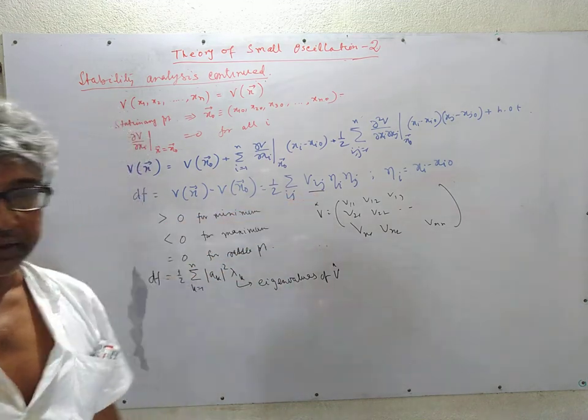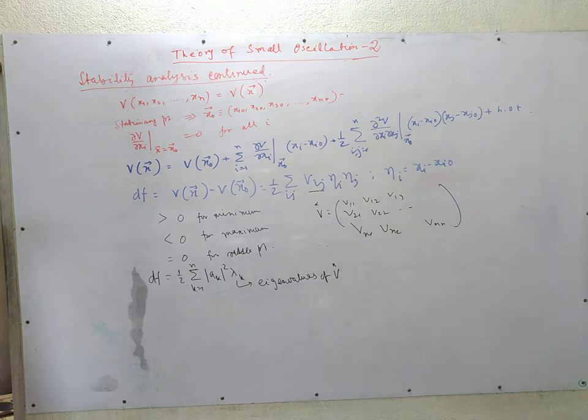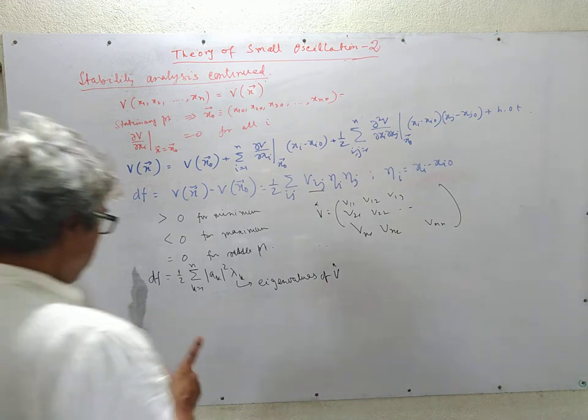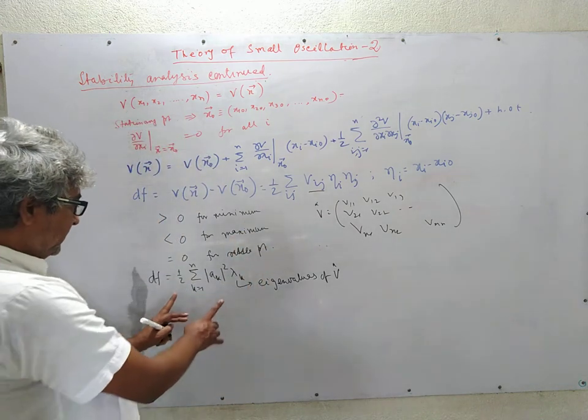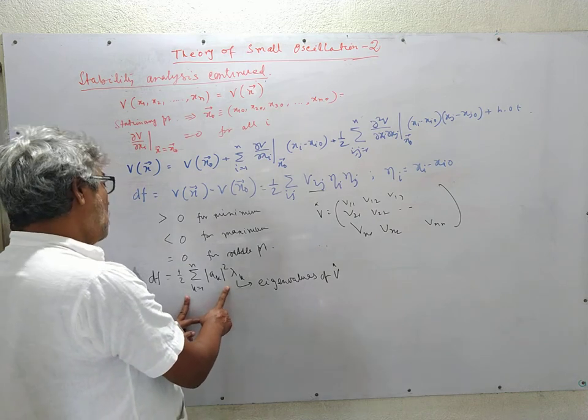So we know that B is the Hermitian matrix, and the eigenvalues of a Hermitian matrix are always real. Now, if all the lambdas are non-negative, then this quantity is either 0 or positive.